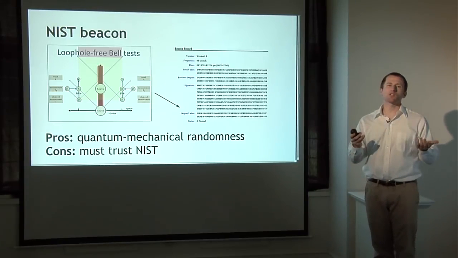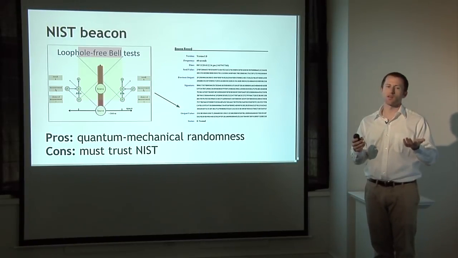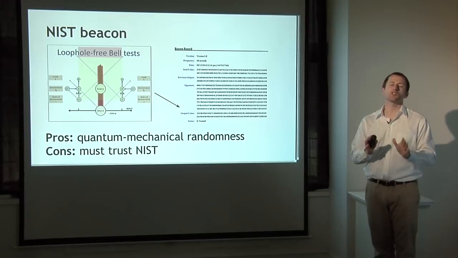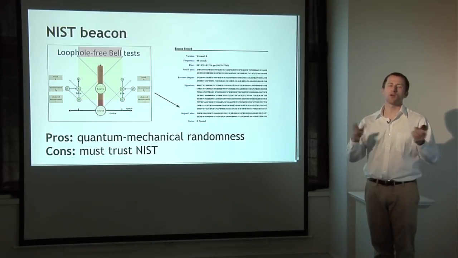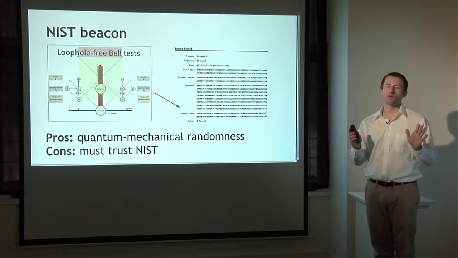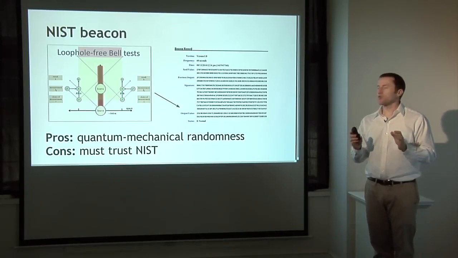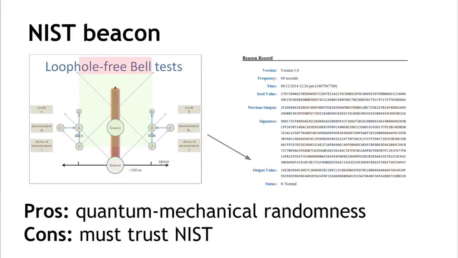NIST has set this up as a machine, so every 60 seconds they publish a lot of random data and they sign it. So this is probably the most efficient thing to use. They just have a feed on the web. You can listen to their server broadcast this stuff and get all the randomness you want. And if you read their papers on the physics, there's a very strong argument that this is truly random and that there's no way anybody could predict it.